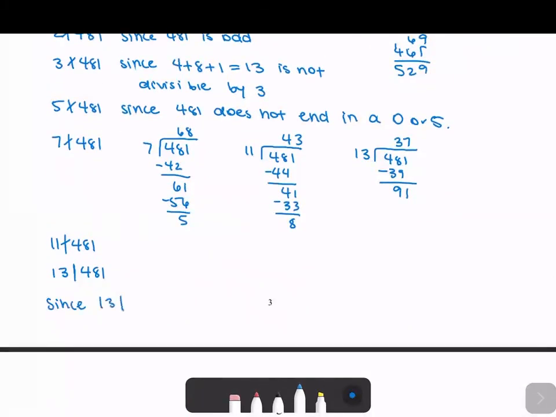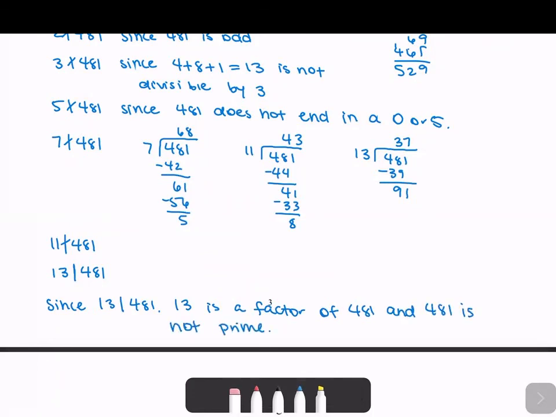So since 13 divides 481, 13 is a factor of 481, and that means that 481 is not prime.